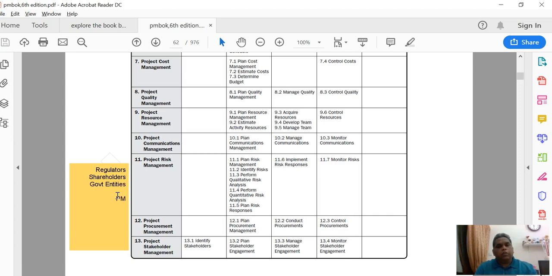And many a times, PM does not have influence on a lot of these stakeholders. And therefore he would need to kind of identify the right people within the organization who would be dealing with these stakeholders, and what kind of stakeholder management strategy do you have in place? How do you manage the stakeholder engagement?